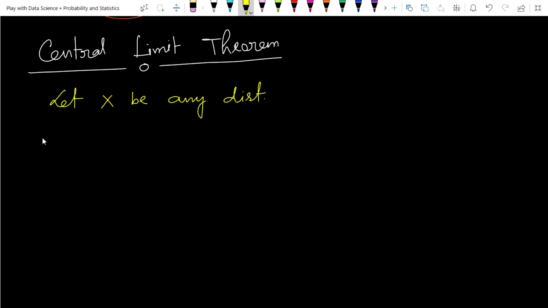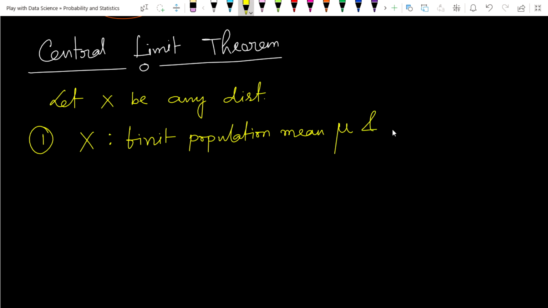The first condition is that this x must have a finite population mean mu and variance sigma squared.